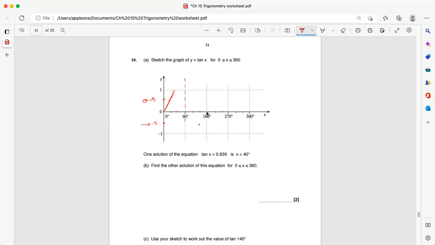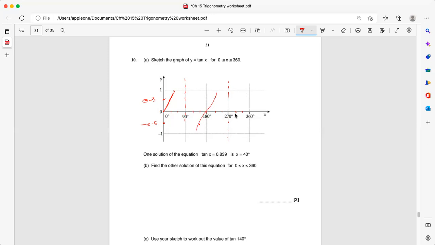And tan 180 is 0, so plot that point there. Then this is 210. Tan 210 is 0.57, so above 0.5, somewhere here. Then tan 240 is giving us more than 1, so we can't plot that because our range is from 1 to minus 1.